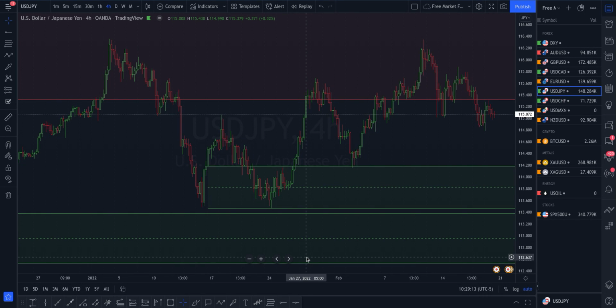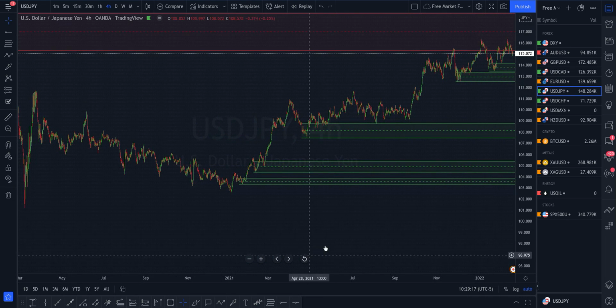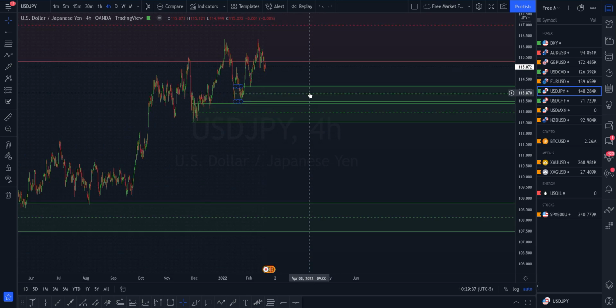All right, so taking a look at the structure, and I was really just kind of doing that for you guys, but taking a look at the structure here, this high was not taken out. We're kind of consolidating right now, and we're coming out of this institutional supply area here.